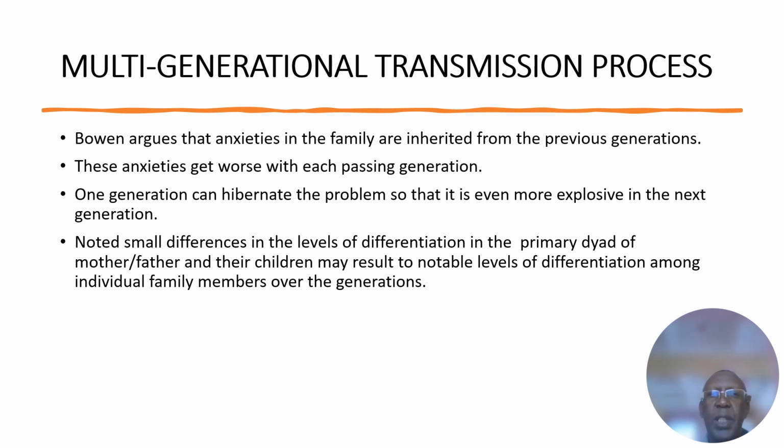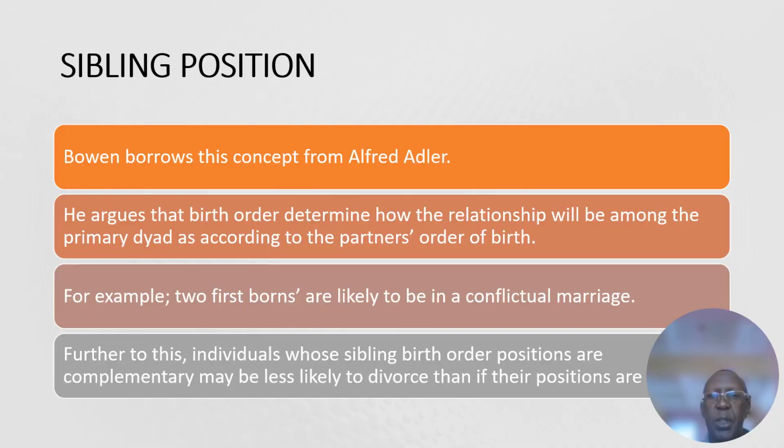And of course, this psychologically becomes such a burden, and you may find it being passed on to generations, where cousins don't speak to each other, where brothers have issues with each other and they pass their issues to their children. This is all that we are referring to as the multi-generational transmission process.